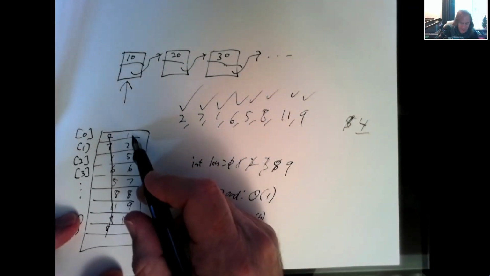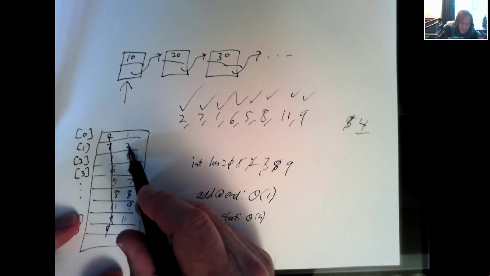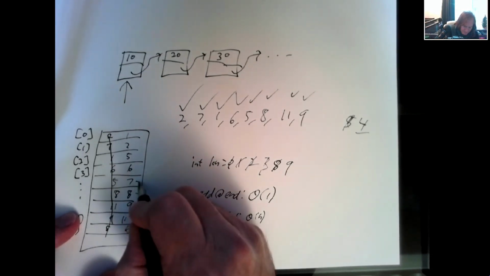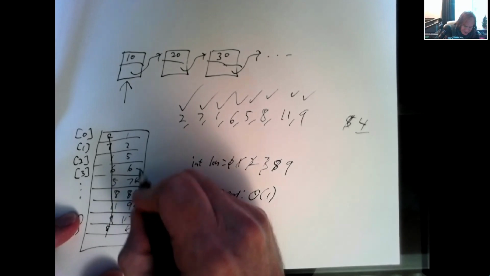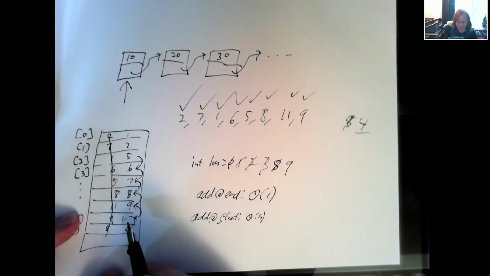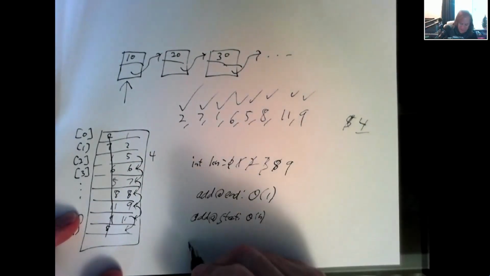Well, I have to go through my array to figure out where that should go, but if I know that it wants to go right after this 2, I've still got to do this business of moving everything down one spot. And depending on where I'm inserting it, I might have to move all n pieces of data down one spot so that I can put the new piece of data right there.